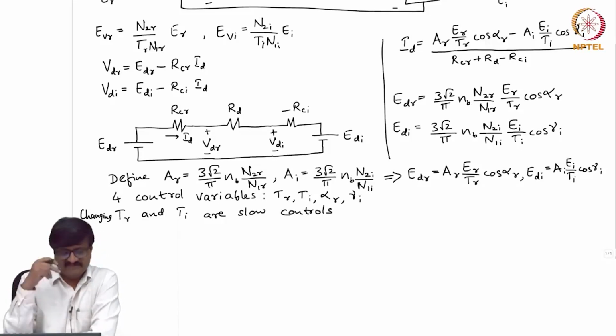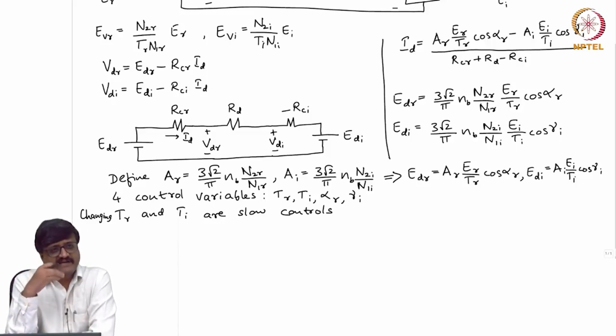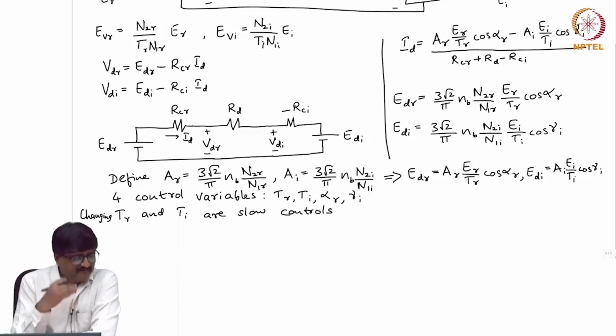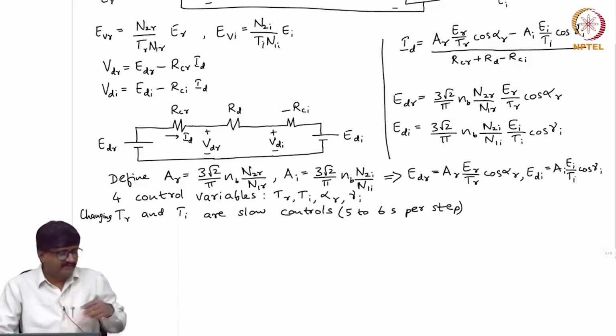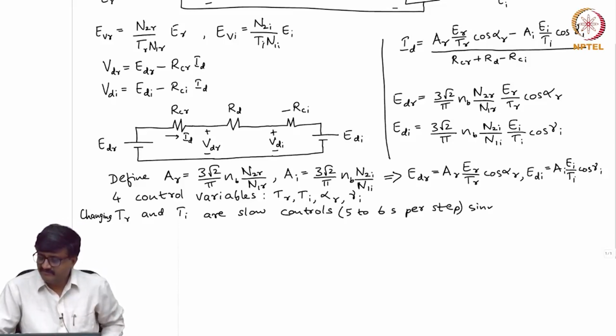It is essentially changing the tap position from one step to another step. Even to change one step of the tap, it takes 5 to 6 seconds per step, since mechanical switches are involved.